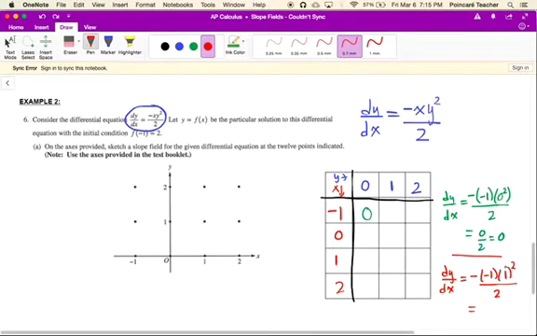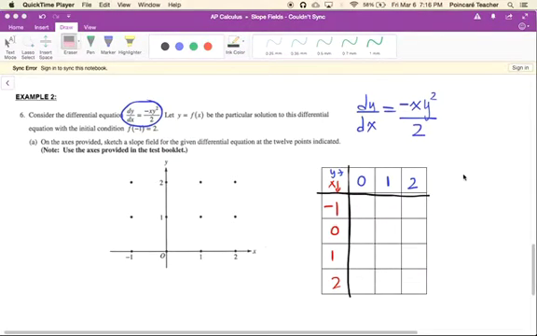This is 1 times 1, so it's going to give you 1/2. So this value here will be 1/2. And you can do the same thing for the rest of them. So that's the slow way of doing it, where you're plugging each pair of x and y into the differential equation and just working out what it equals.